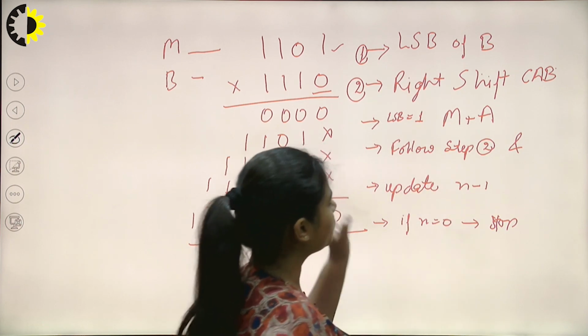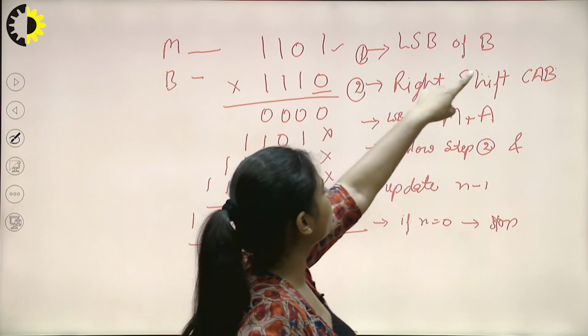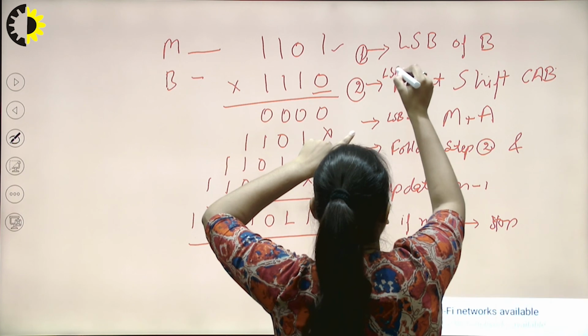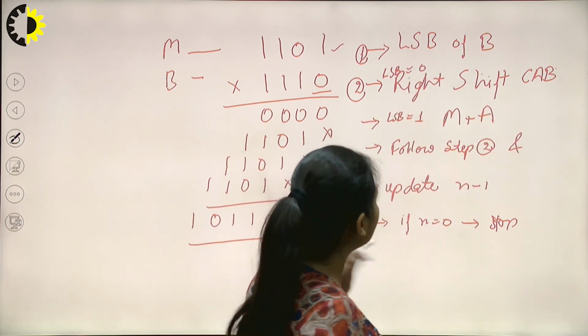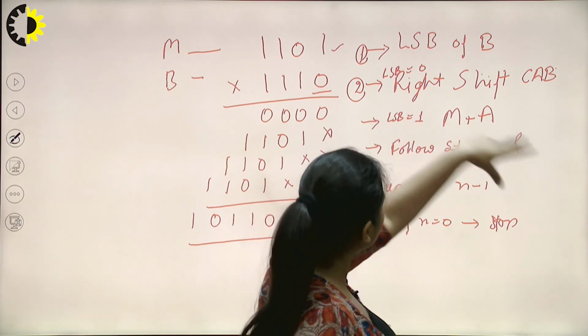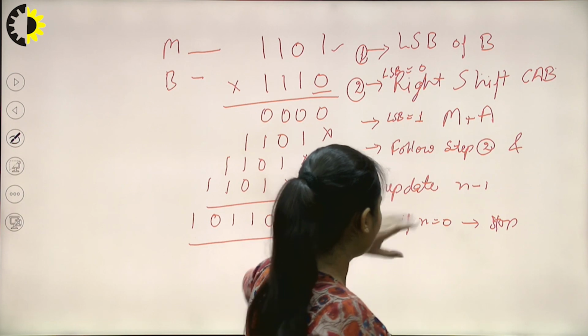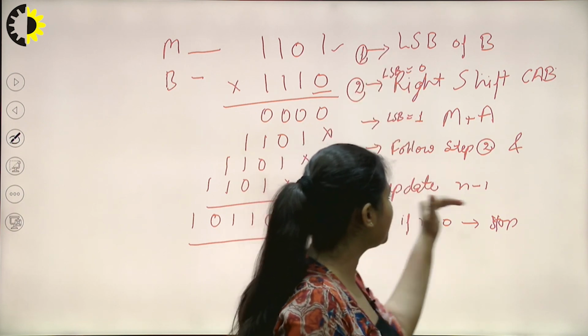Okay. So first of all, you have to check the LSB of B. Here you can see that if LSB of B is 0, then write shift CAB. Otherwise, if LSB is 1, then M plus A, then follow step 2, means write shift CAB. If you have completed these steps, then you have to simply update N minus 1.